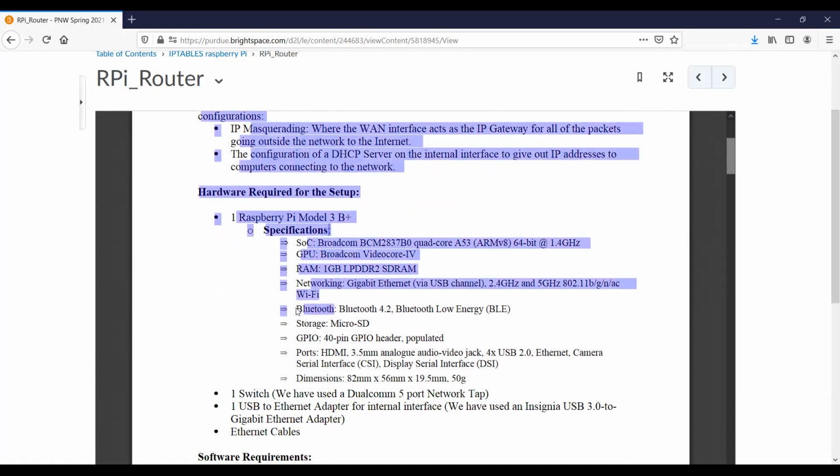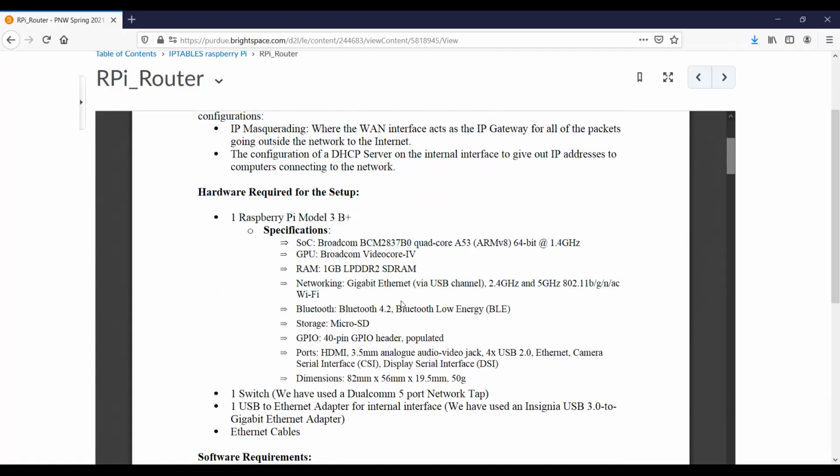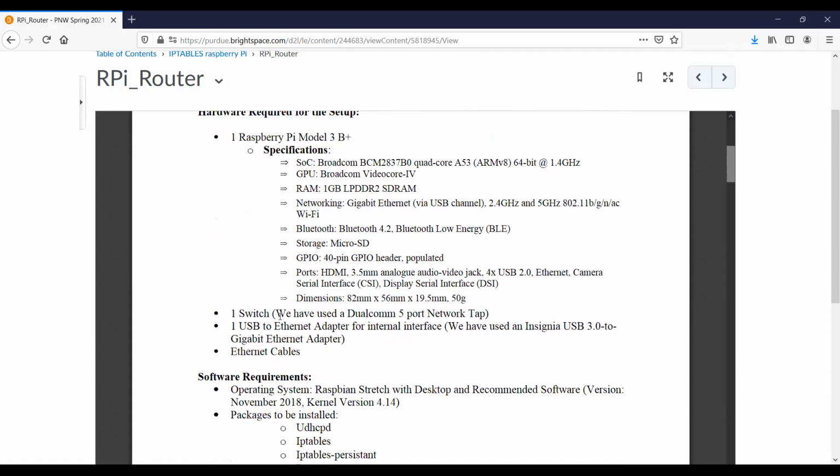Now, we don't need Bluetooth or anything like that. A switch. At school we have the taps, and we could just use those as switches, but hopefully you have a little switch at home. If you have one of those old Linksys routers, for instance, you can always just use the back of that as a little switch.